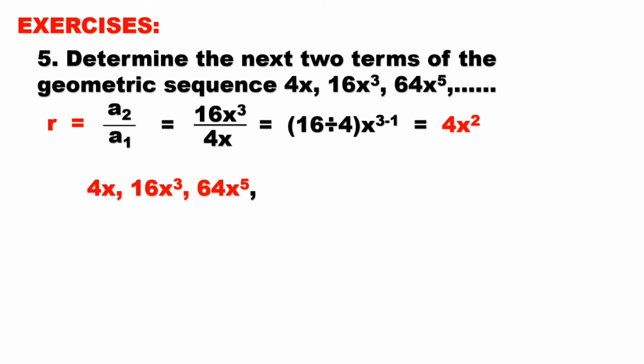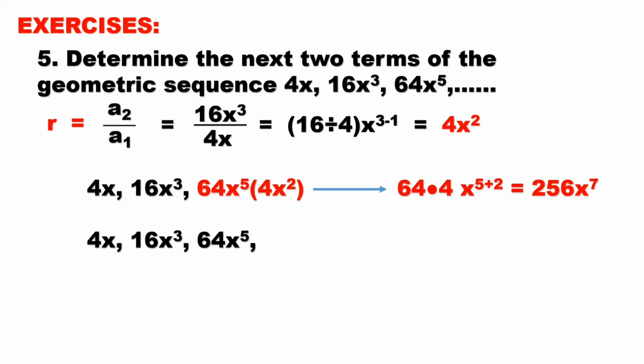To get the next term to 64x to the 5th, it will be multiplied by 4x squared. 64 times 4 is 256. x to the 5th plus 2 equals x to the 7th. So the next term is 256x to the 7th.